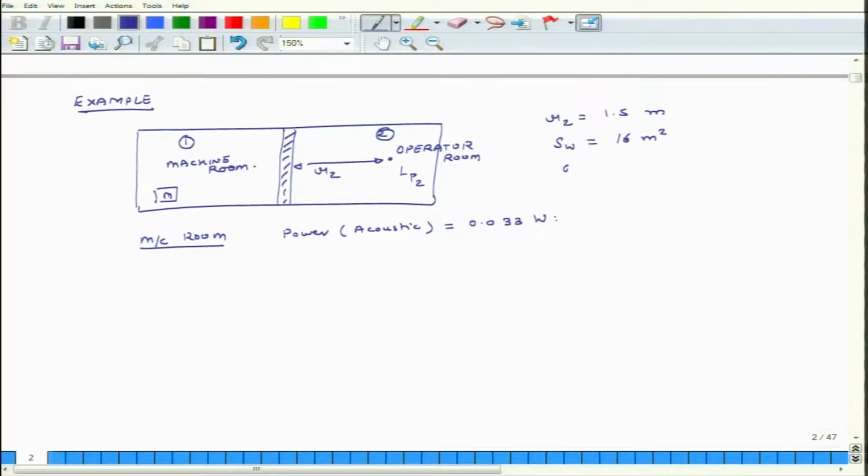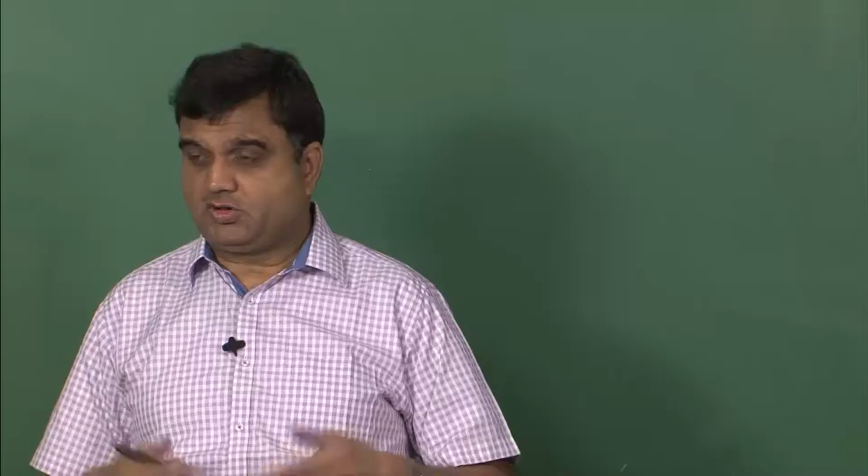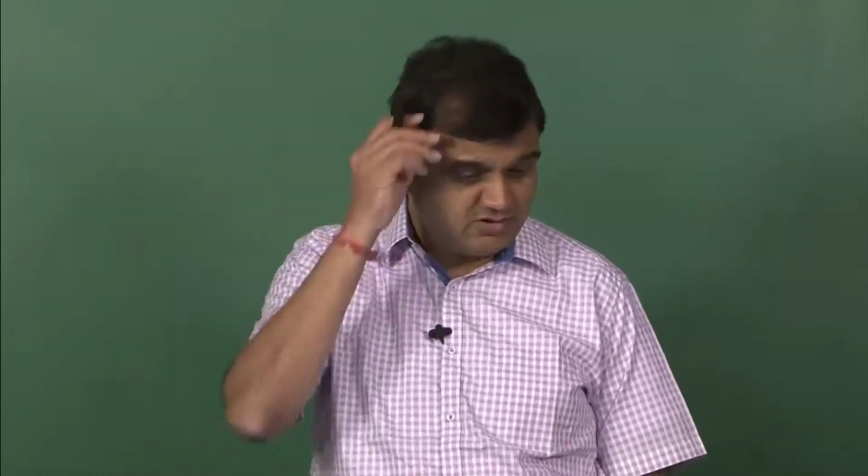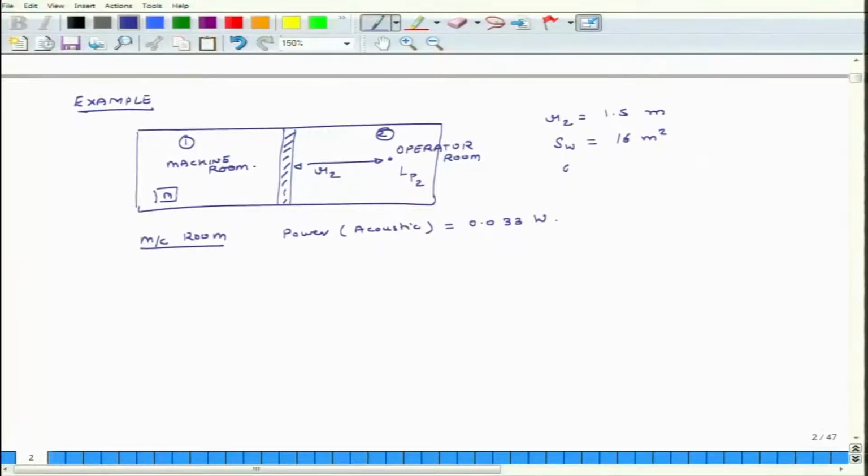Remember, this is a small amount of energy, but because if we have to compute it in decibels, we divide this by the reference power level, which is 10 to the power of minus 12. So, the decibel level becomes very large. So, do not just ignore this 0.033 watts. Okay. So, this machine is generating 0.033 watts.